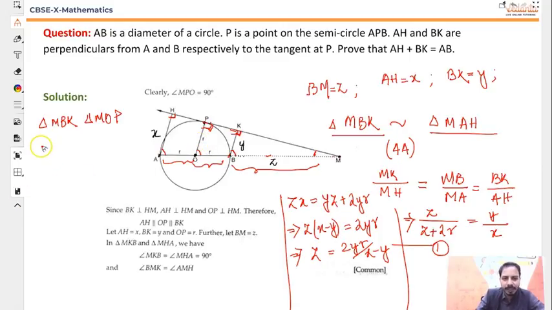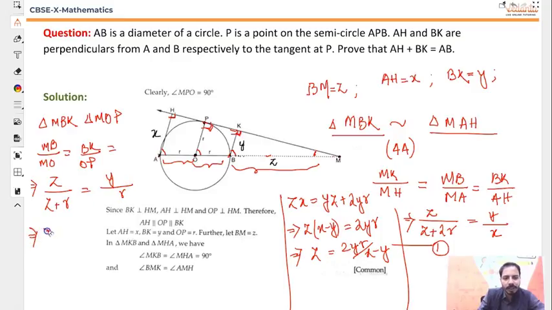So from here I can say that MB by MO is equal to BK by OP. So now what is MB? MB is Z. What is MO? MO is Z plus R. What is BK? BK is Y. And what is OP? OP is R.